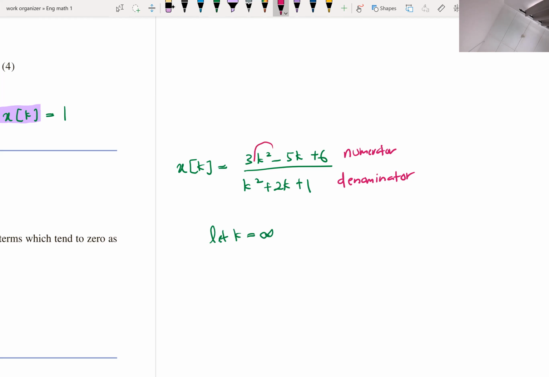We can see it is k squared. There is no other higher power of k, no k to the power of 3. So we have to divide the numerator by k squared, and the same goes for the denominator.